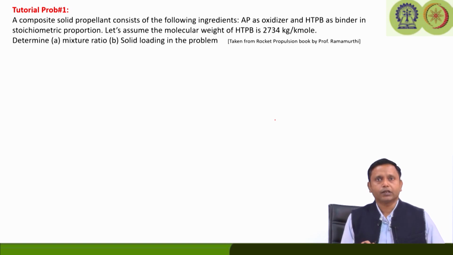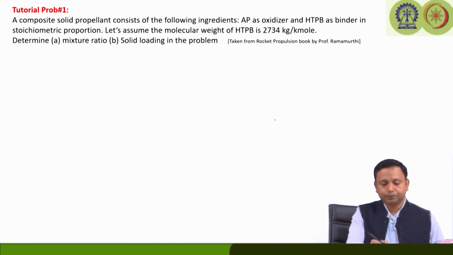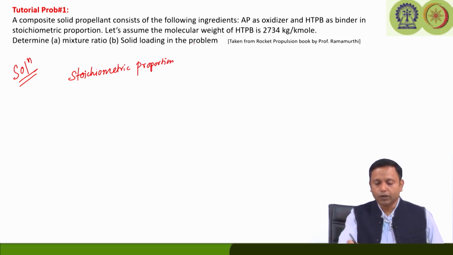As it is given to us, AP and HTPB are mixed in stoichiometric proportion. It is given in the problem statement. So, it is basically solid loading in the propellant, that will be the correct word.